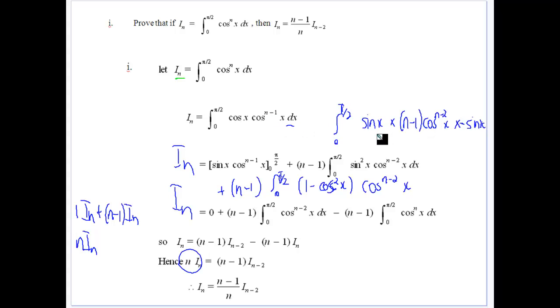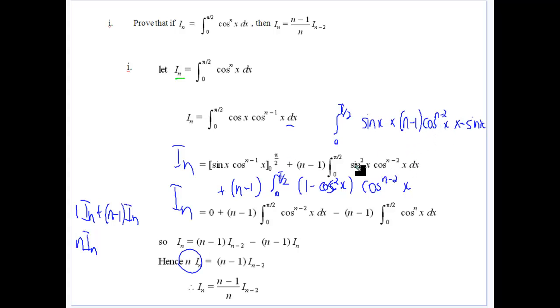So that's where we're getting this part here. So sine of x, n minus 1, cos to the power of n minus 2 x, times minus sine of x. So this is where the sine squared x comes in. We've got a positive n minus 1 there, with the cos to the power of n minus 2.